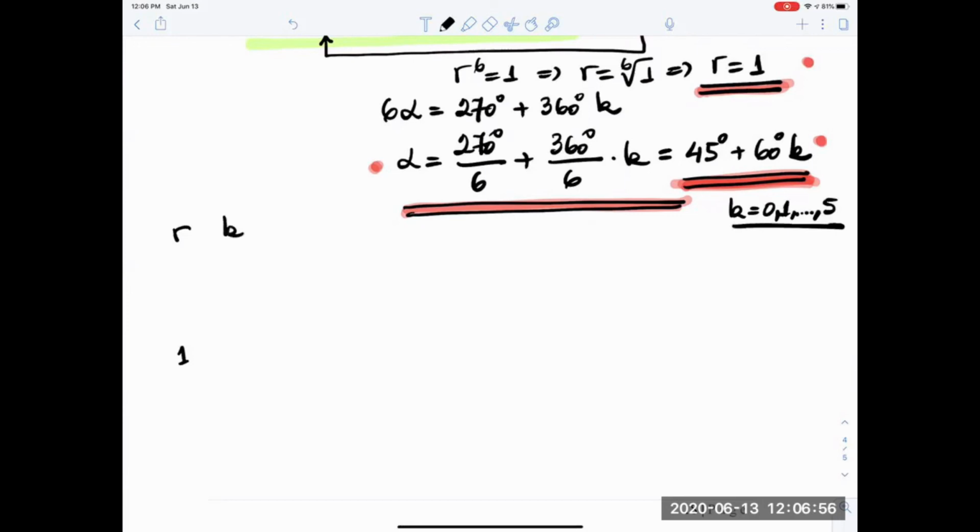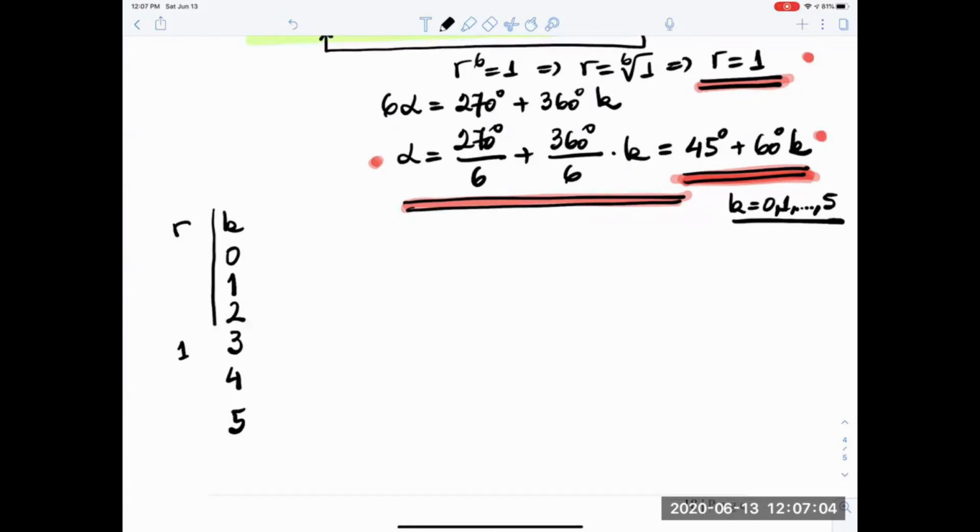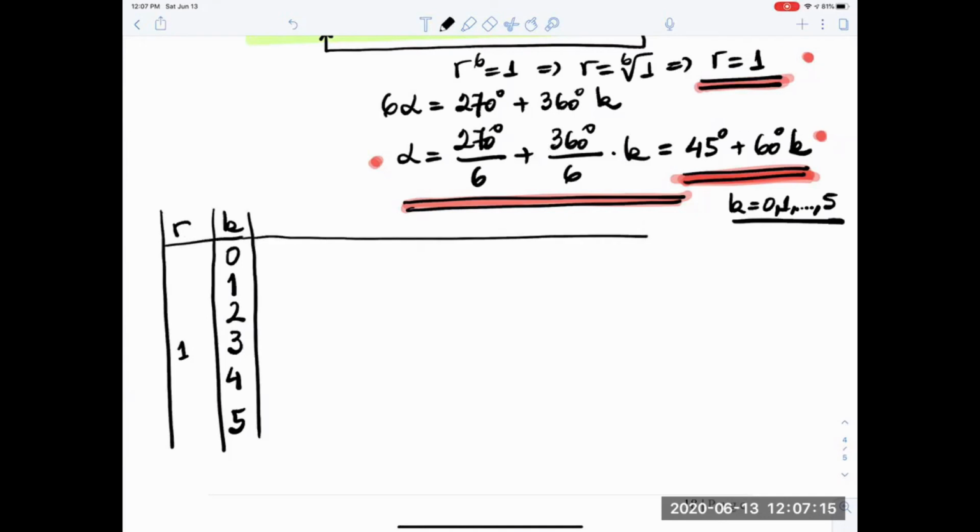So I better have enough room here to make it 0, 1, 2, 3, 4, 5. For all of these, my r is equal to 1, right? Then I have my alpha that I have to worry about, and after that we can write it as a solution set.